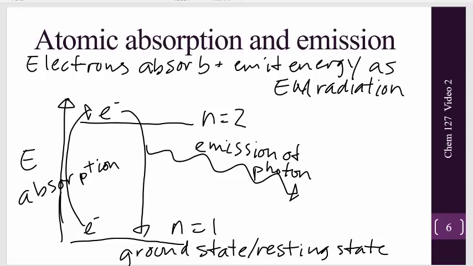And here, the emission of the photon, we can detect this, and we know that photons have a particular energy, particular wavelength, and that energy of that photon is equal to that change in energy of the electron.